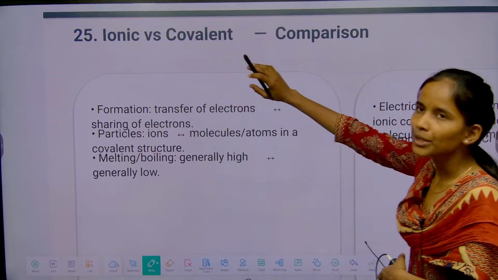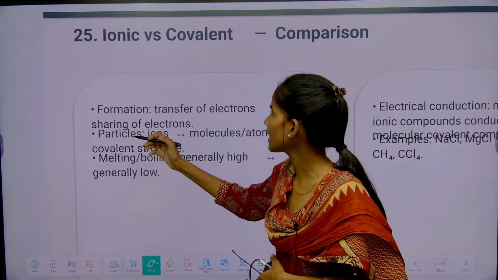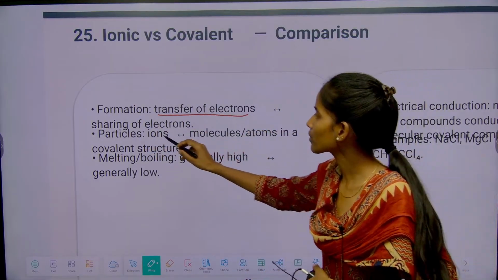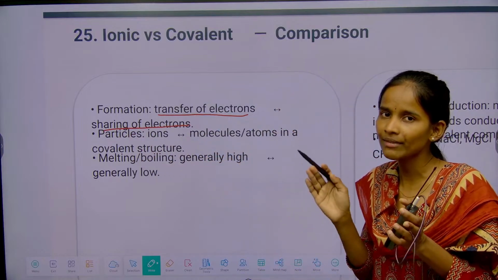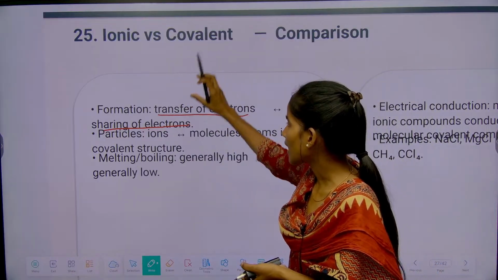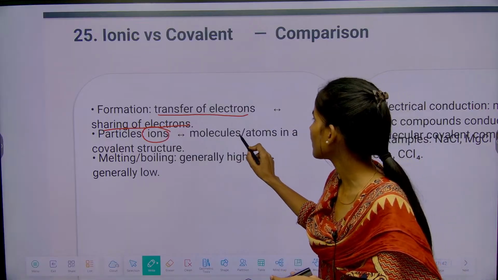See, ionic and covalent compounds formation. Ionic compounds are formed generally due to transfer of electrons, whereas covalent compounds are formed due to sharing of electrons. This is the main difference between ionic and covalent compounds. In ionic compounds we get ions; in covalent compounds we get molecules.